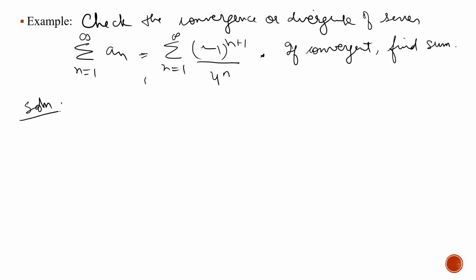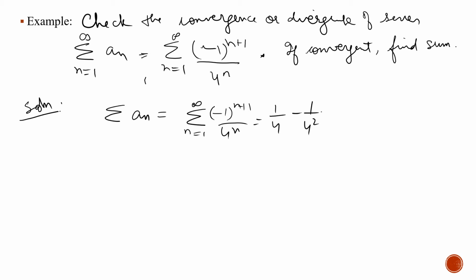So for this, see that the summation of an is equal to 1 by 4 minus, and so on. So clearly it is a geometric series with a equal to 1 by 4 and r is what?